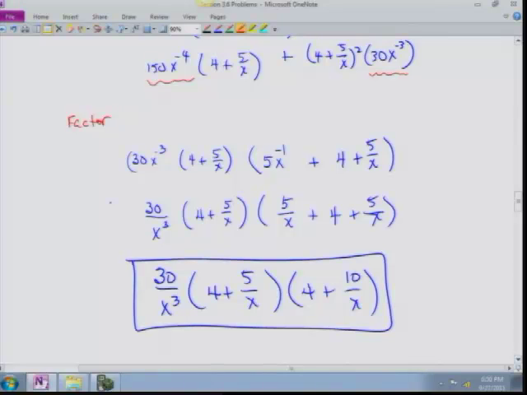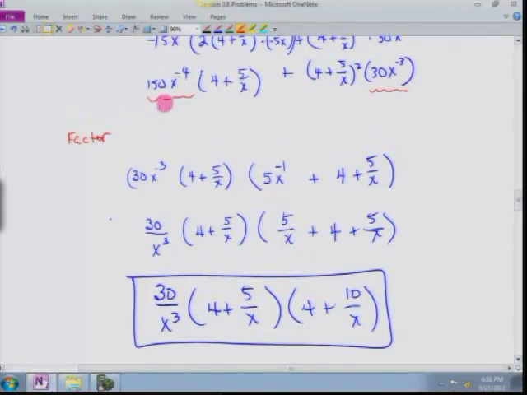When you factor out the 30x to the negative 3, what do you do with the other 5x that's left over on the 150x to the negative 4? Right here. Here it is. What she did is she took out the 30x to the negative 3 and a 4 plus 5x. So this is what got factored. Yeah, I was confused too. I was looking at like, wait. Sorry.